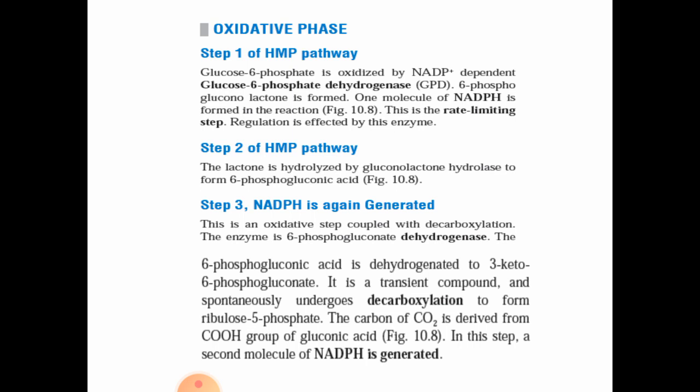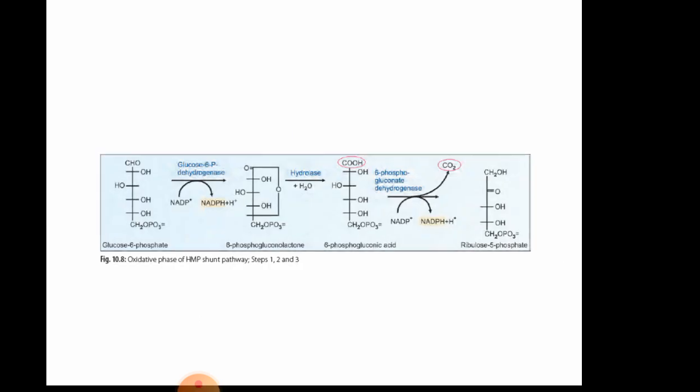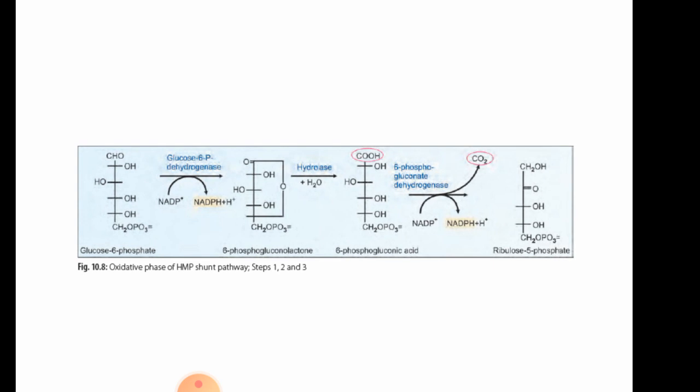It is a transient compound and it spontaneously undergoes decarboxylation to form ribulose 5-phosphate. In this step, NADPH is generated. So glucose 6-phosphate to 6-phosphogluconolactone, then to 6-phosphogluconic acid, then to ribulose 5-phosphate.